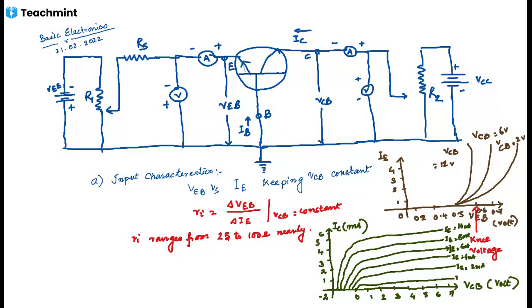This is IE equals to 0. So this is our cutoff region. This is the cutoff.